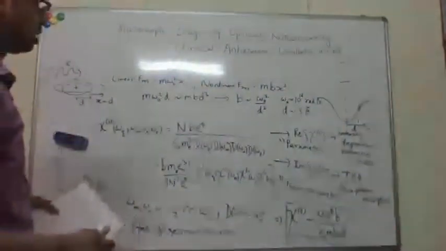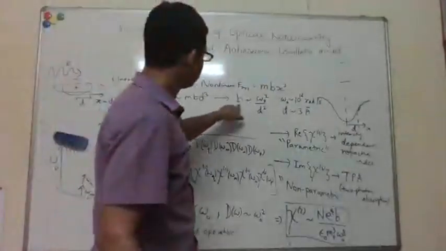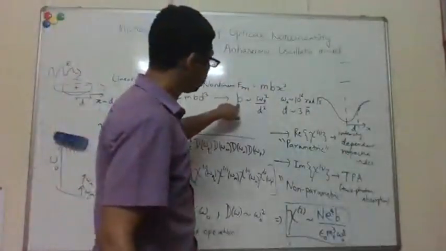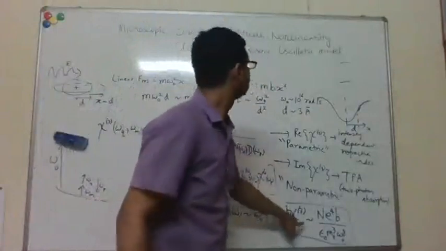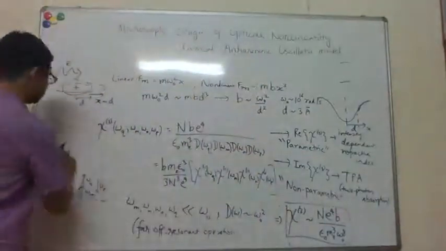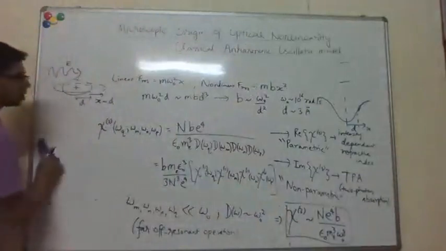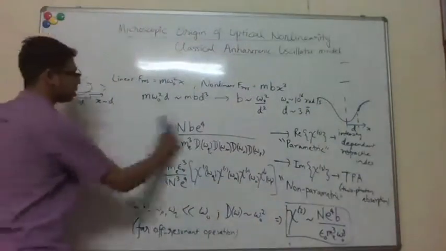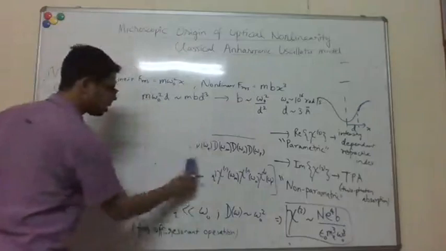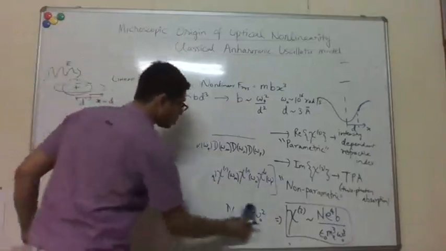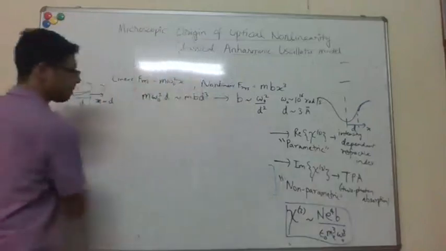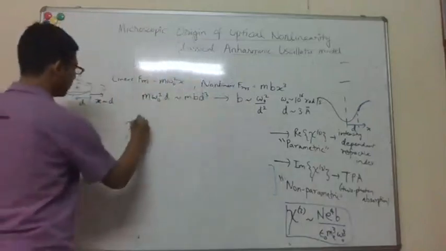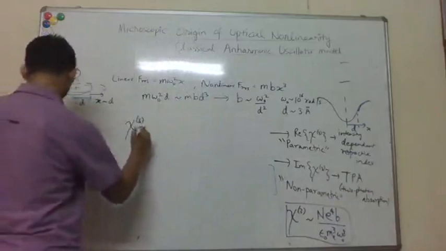Right? So okay, first what we can do is put this value of b into the expression for this chi3 here. Then you get chi3 just in terms of fundamental constants.